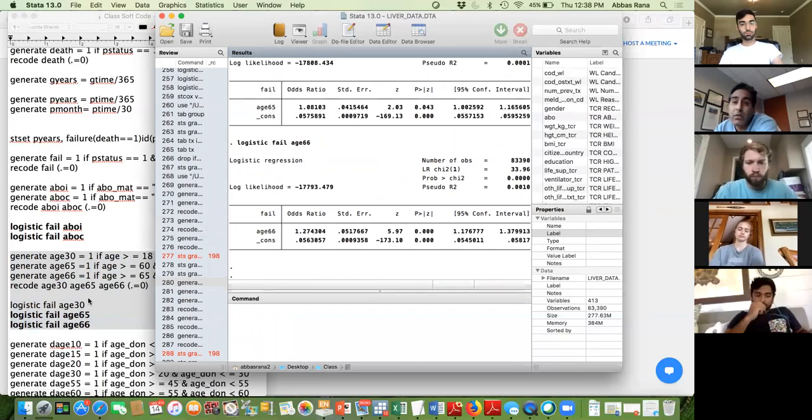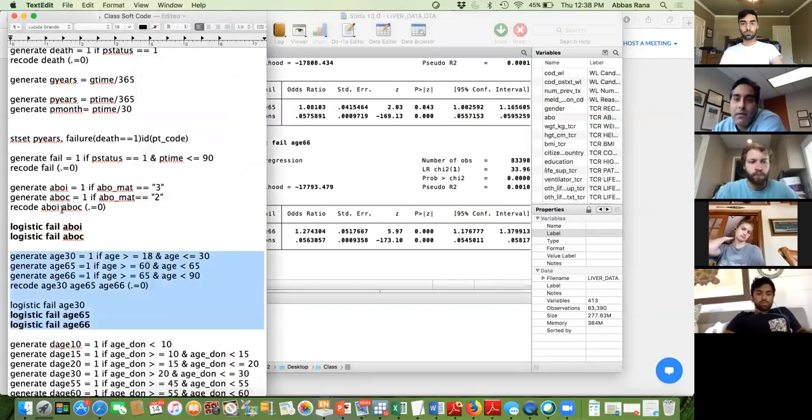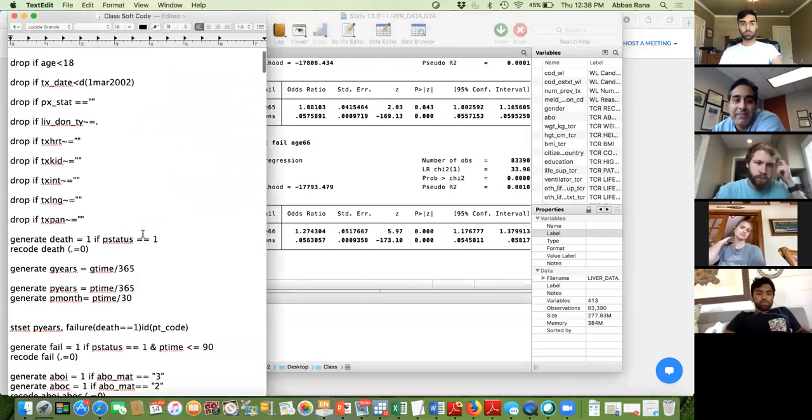But that's a one-on-one. That doesn't really mean anything, right? You want to see what being over 65 means, what kind of risk it is, when you adjust for every other known risk factor. That will tell you really what being over 65 means in terms of death. Now you understand the code, right? All these missing pieces.